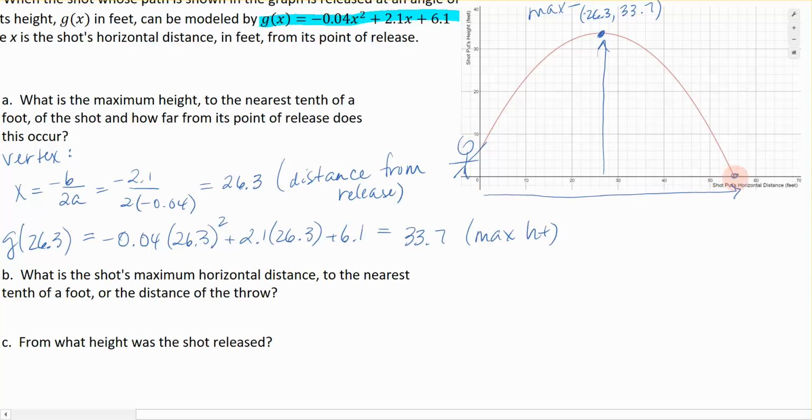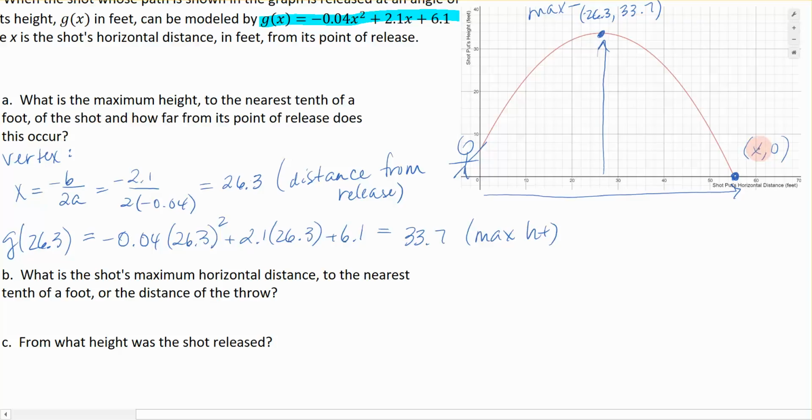So it's this point right here, which is the maximum distance from where we started. If that's the case, then we want to know what x is when y is 0, because the coordinate for that would be 0 for y, and I'm trying to solve for x.